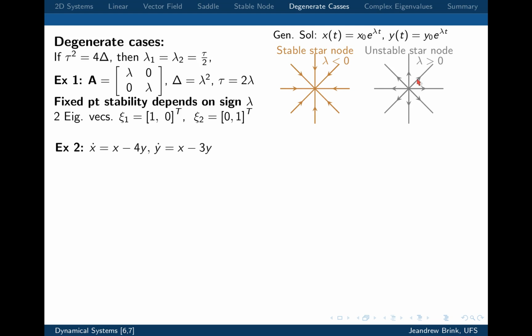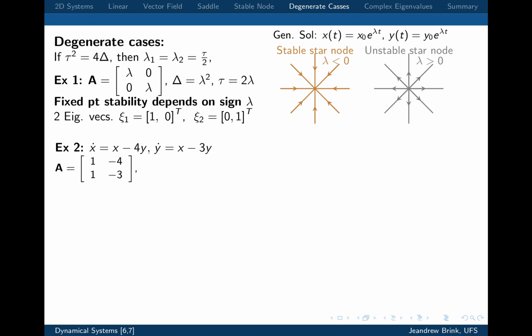Let's look at another example of a degenerate case, namely this one. For this particular example, it's not obvious that it is a degenerate case to start with at all.